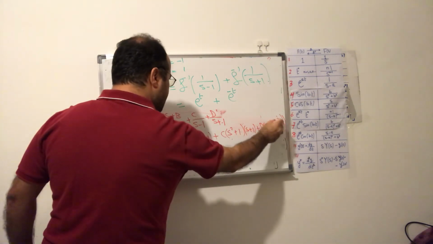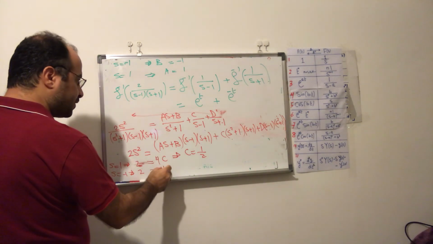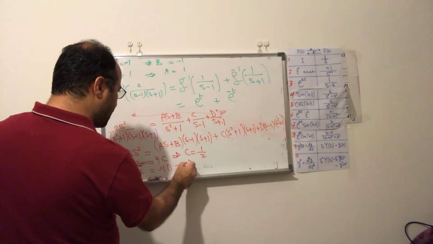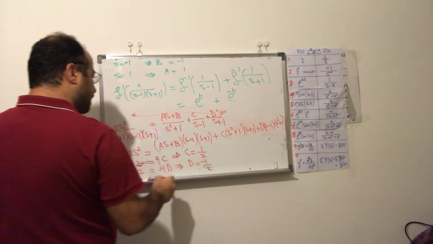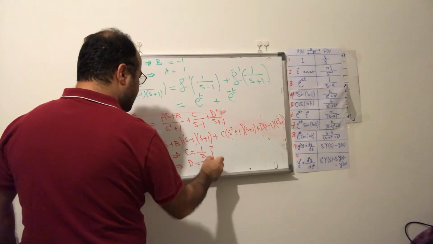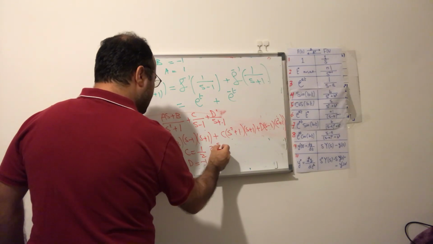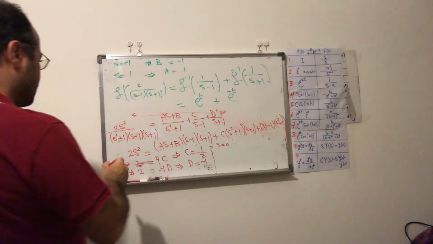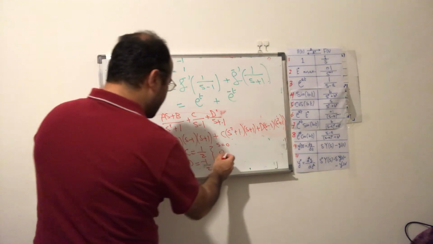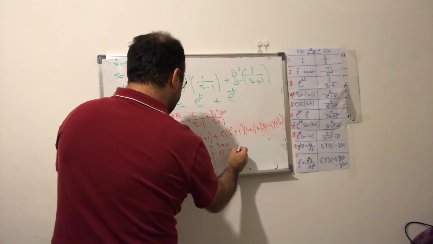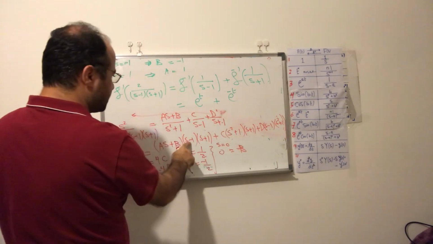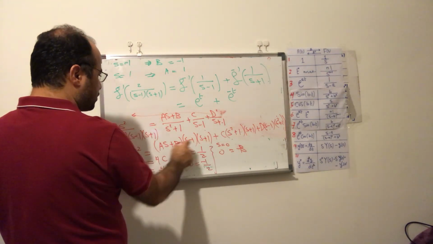Because we have minus 2 and 2 there, minus 4d, and then d, sorry, here d equals minus half, yeah? And now we can go more, for example, if you go with s equals 0, then you're going to have 0 on this side, and on this side you're going to have b times 1 times minus 1, so you have minus b here, yeah, because this is minus 1, 0, 0, minus 1, and this is 0.